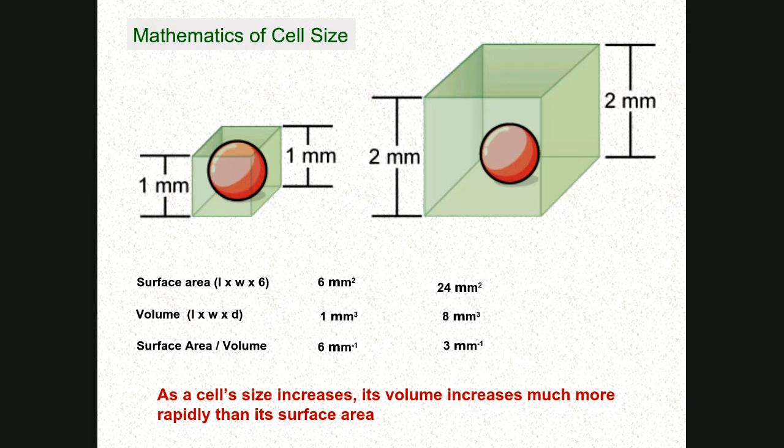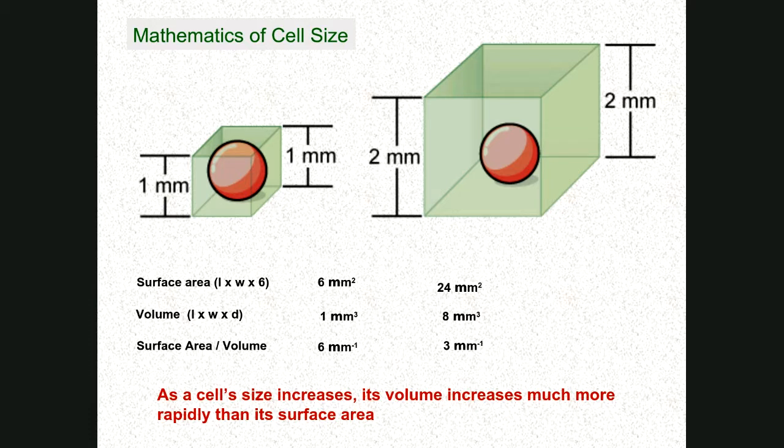And why do cells do that? Why must cells have a high surface area to volume ratio? It's very important to exchange at the surface, because they exchange at the surface area to maintain their internal stability, balance, that we call homeostasis.